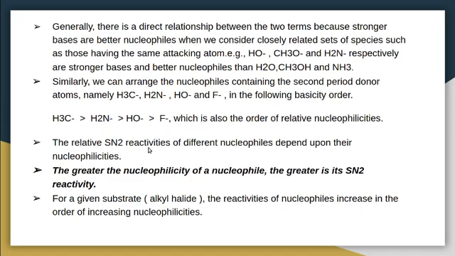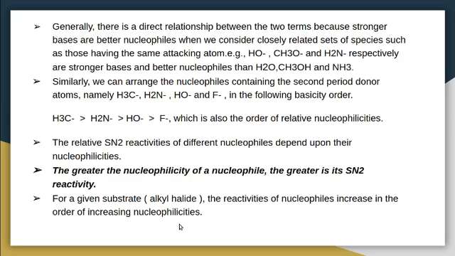The relative SN2 reactivities of different nucleophiles depend upon their nucleophilicity. So depending upon the nucleophilicity, we can determine the SN2 reactivities of different nucleophiles. The greater the nucleophilicity of a nucleophile, the greater is its SN2 reactivity. For a given substrate, that means alkyl halide, the reactivities of nucleophiles increase in the order of their increasing nucleophilicities.